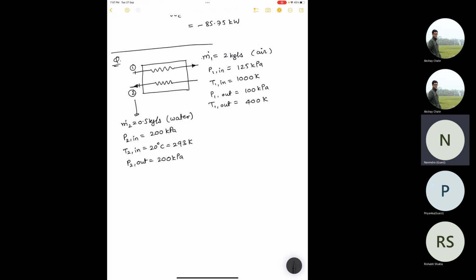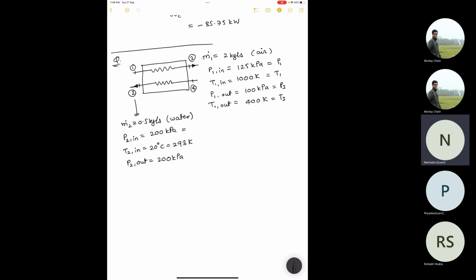What I'll do, instead of writing P1 in, P1 out and all, we can just write the exit as 3 and the inlet as 4. This will simplify our notation. So this is essentially P1, T1, P3, T3.